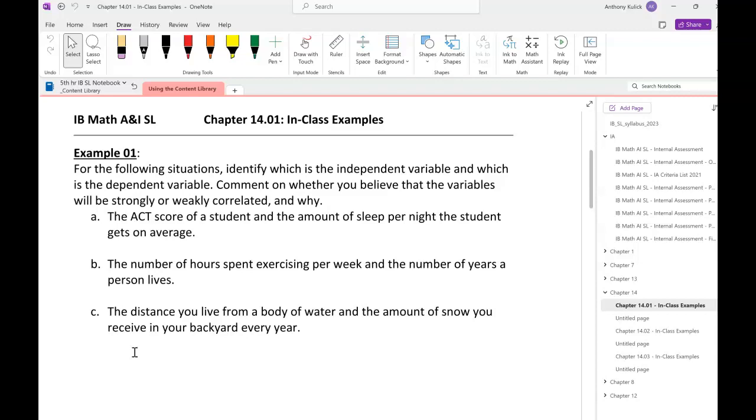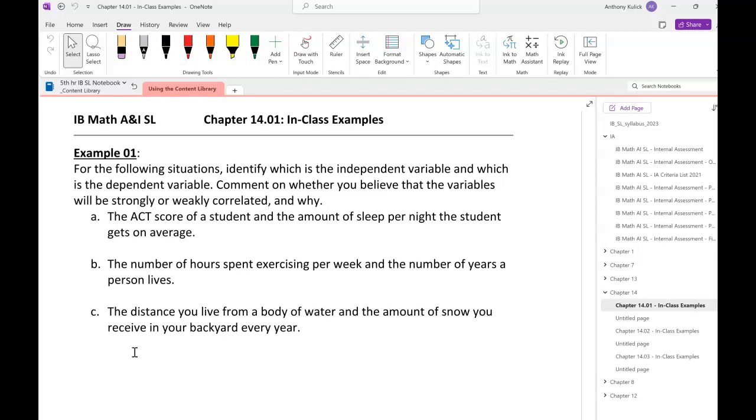Which one would be the dependent variable? The dependent is the snow. The independent is the distance. Great. And would you say that relationship is strong or weak? Weak. Very good. What's your example of why it's weak?